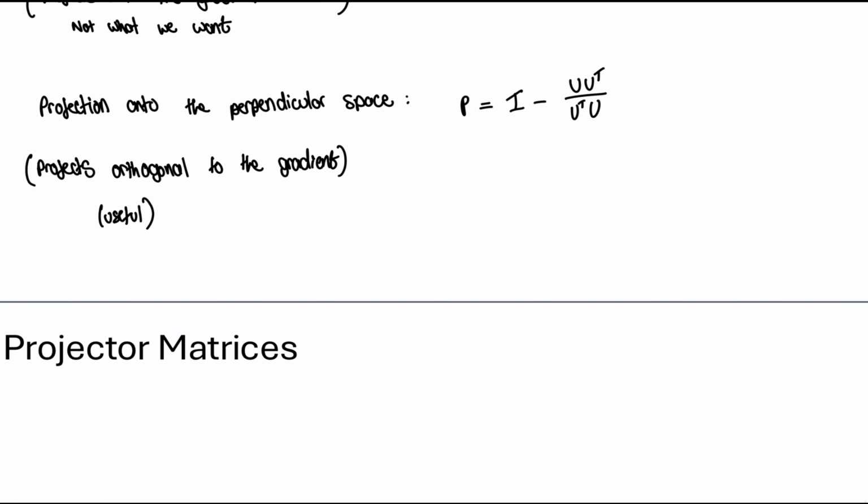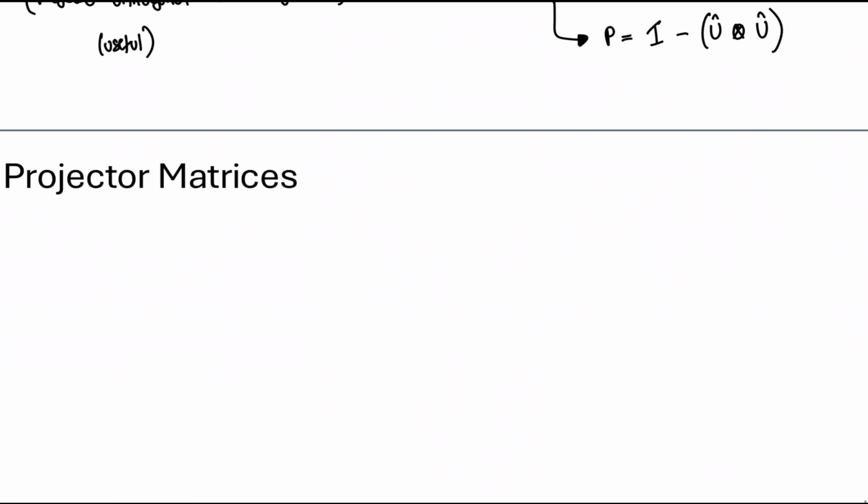Another thing that we could do is work this out using the tensor product, which would go: the projection matrix is equal to the identity matrix minus u tensored with u. And we have to normalize these too.